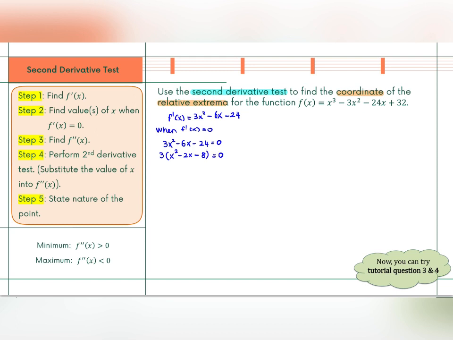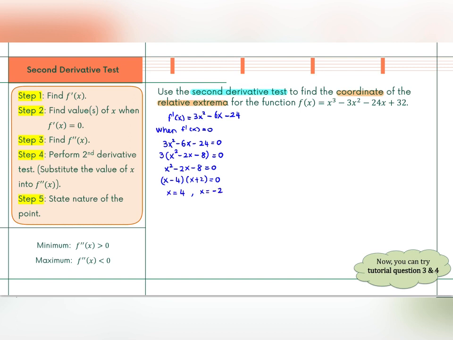Okay, next adalah factorize. Kita pindahkan 3, so kita ada x squared minus 2x minus 8 equals to 0. And from here we have x minus 4 dan x plus 2 equals to 0, which give us the value of x equals to 4 dan x equals to negative 2.